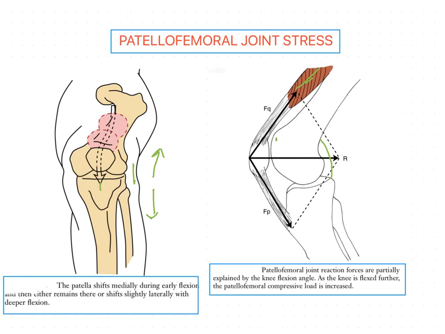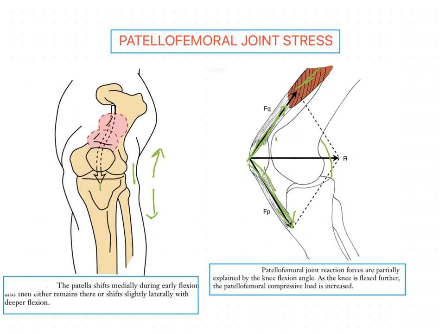Next, the combination of these pulls produces a posterior compressive force. Here you can see this is the quadriceps force and this one is the patellar tendon force. You can observe that these two are acting on a single point.